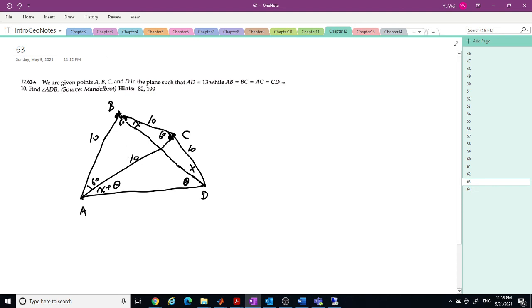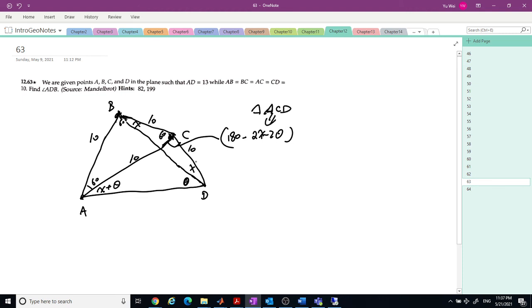Let's see, we can solve this angle, right? This angle will be 180 minus 2x minus 2 theta. This is from the triangle ACD.